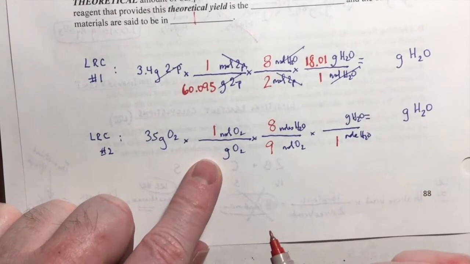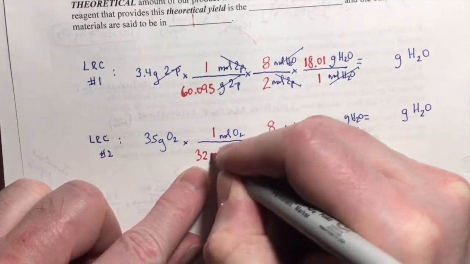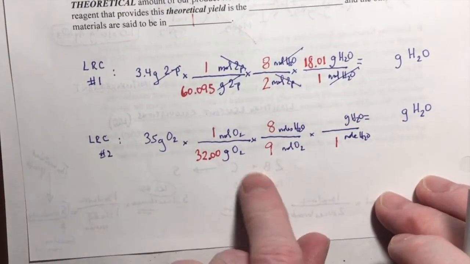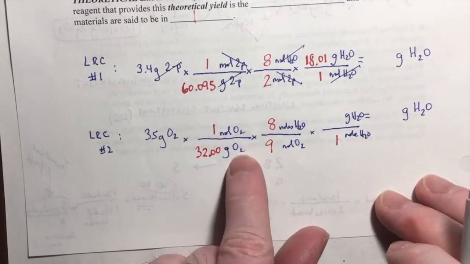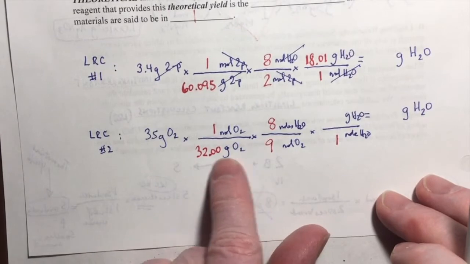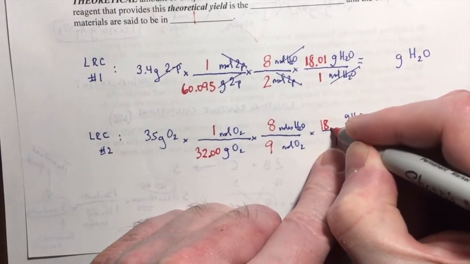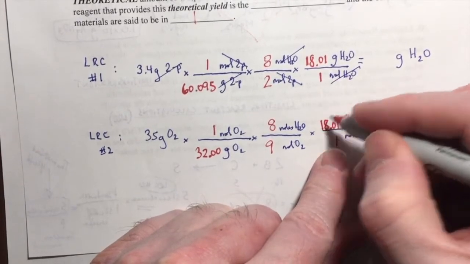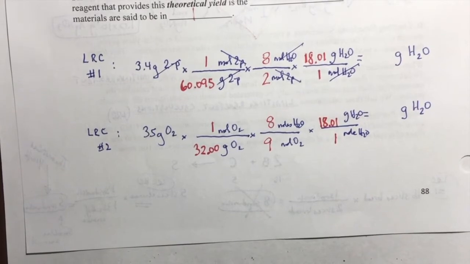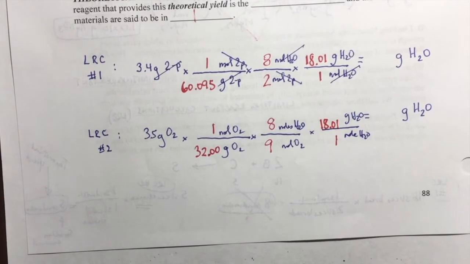For oxygen gas, O2, it is 32.00 grams for 1 mole of O2. Notice that it's 2 oxygens in that formula, so now I do have to have 2 oxygens in there. And for water, I know that's the same as up there, so it's 18.01. So now I have my numbers plugged in, and I'm going to do that math.